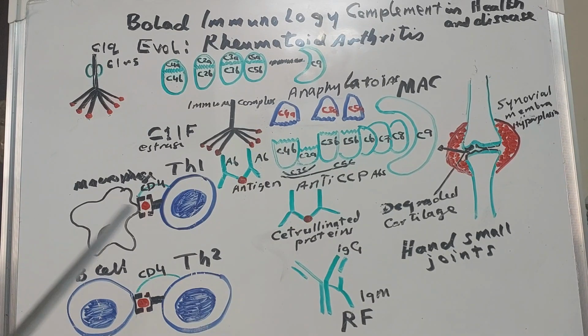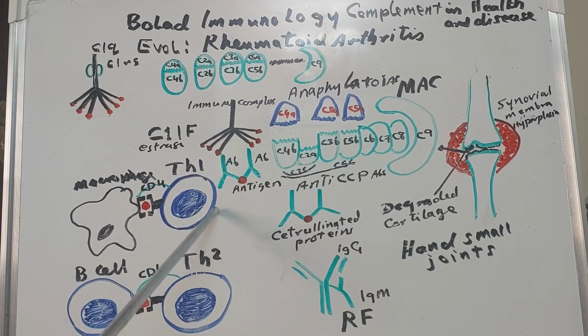And as I mentioned, T helper 1 produces another cytokine known as interleukin 2. Interleukin 2 activates B cells and T helper 2, so they now enter the game. And actually, the B cell here inside the joint, as you know, is an antigen presenting cell, and it also has the capacity to take citrullinated peptides.